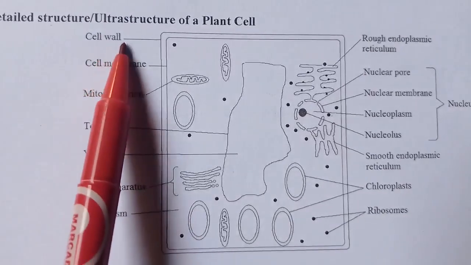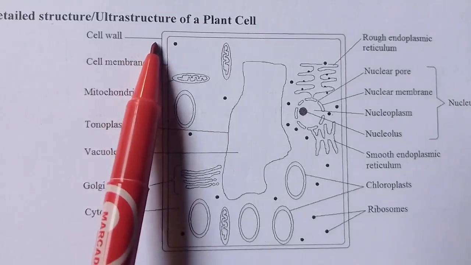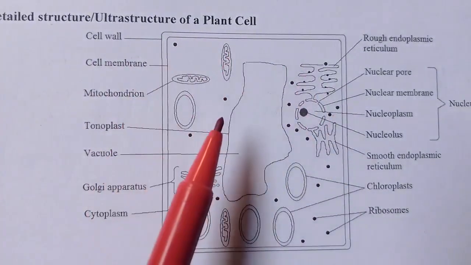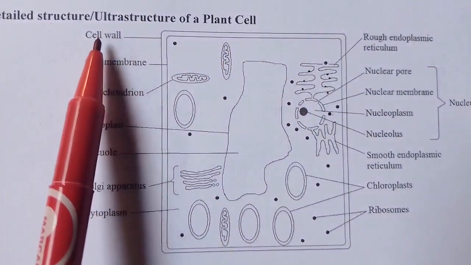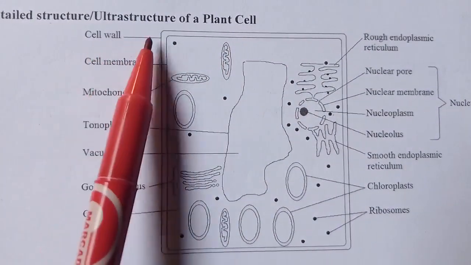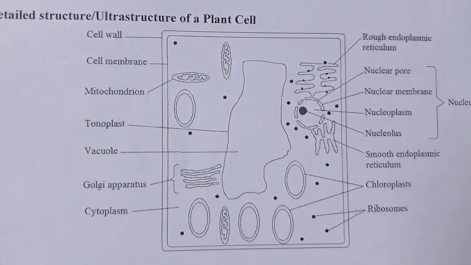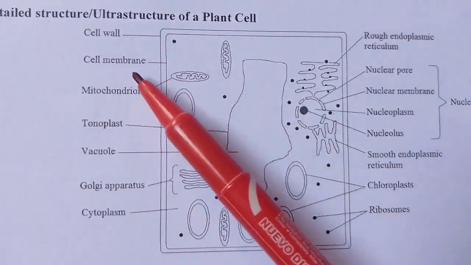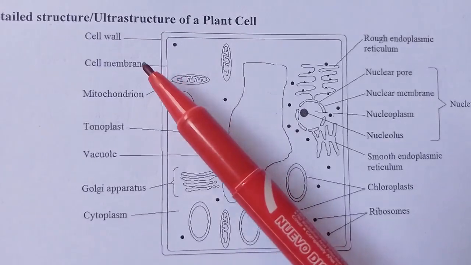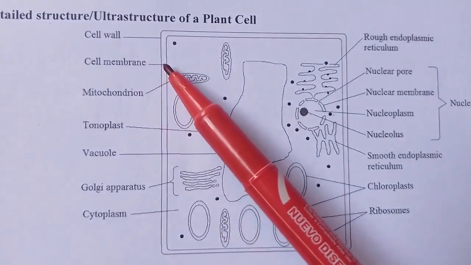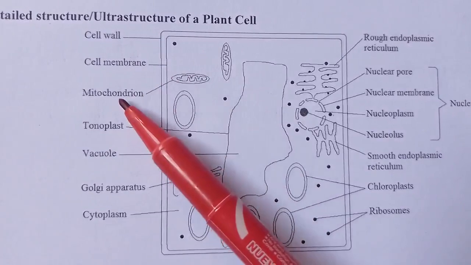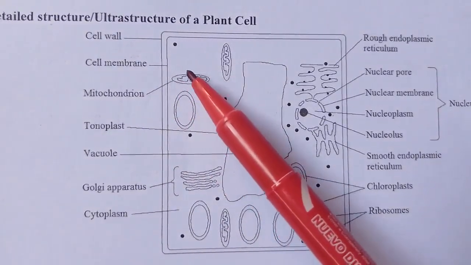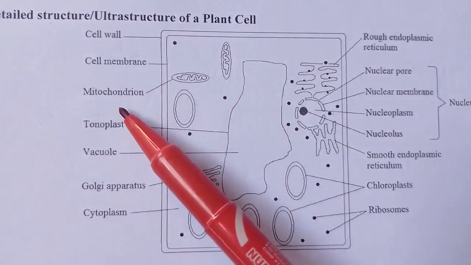When we start from here, that is a plant cell, this whole thing here. Here we start with the cell wall. You need to understand that that is a cell wall. This one that is here is the cell membrane. You need to understand all these structures. These structures that look like this are called mitochondria.